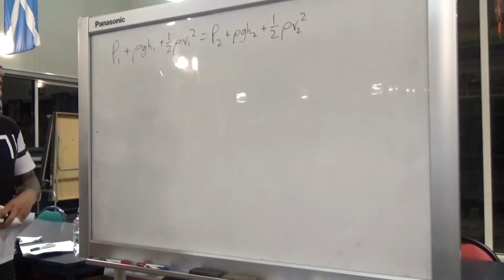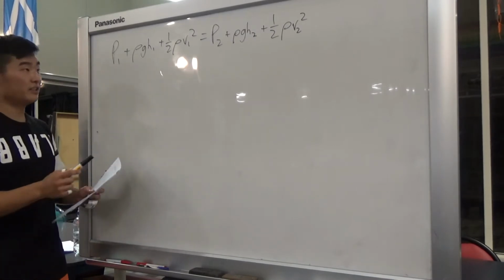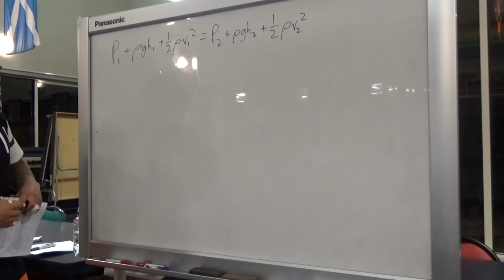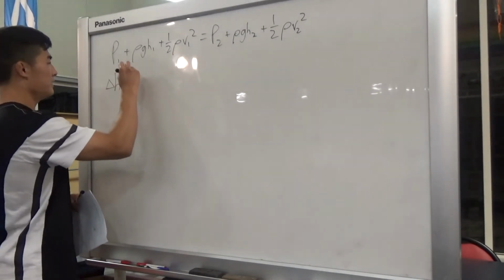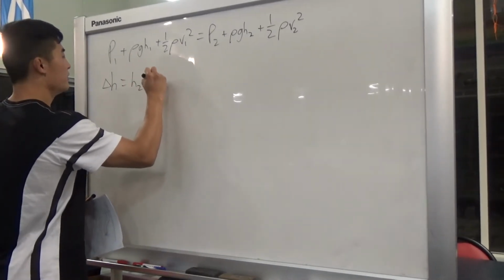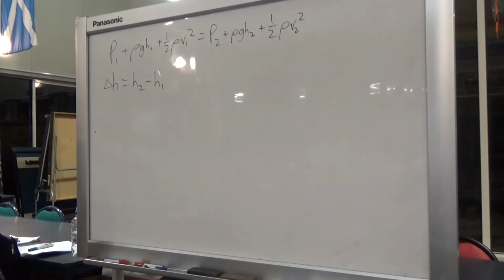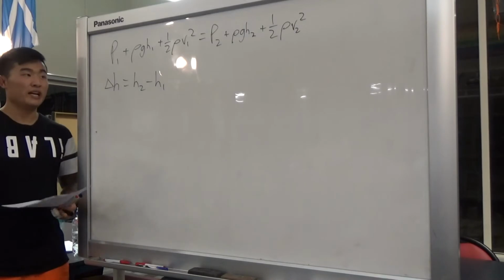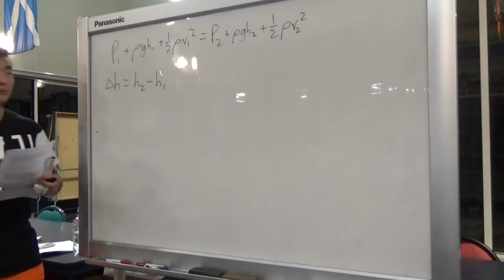Okay, so we want to find out the difference in height. So the difference in height is going to be height 2 minus height 1, right? So we're going to have to find some way to get both h's on the same side.